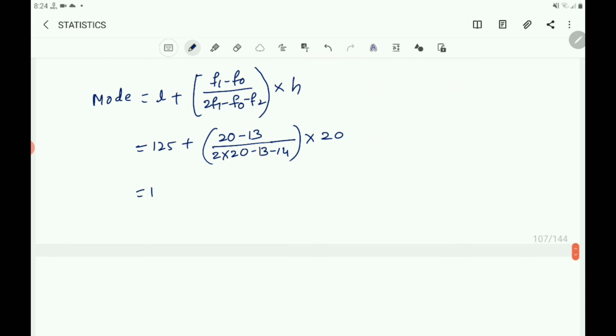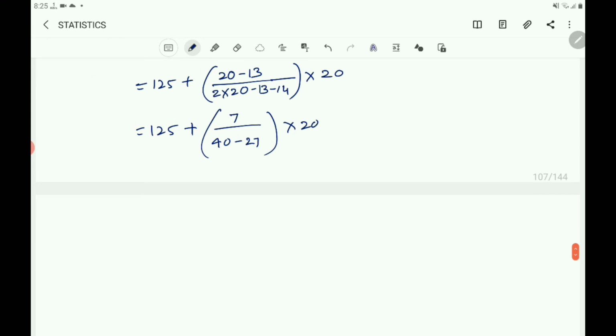Then you write 125 plus 20 minus 13 is 7, by 40 minus the sum of these two, 13 plus 14, you will get 27, into 20.